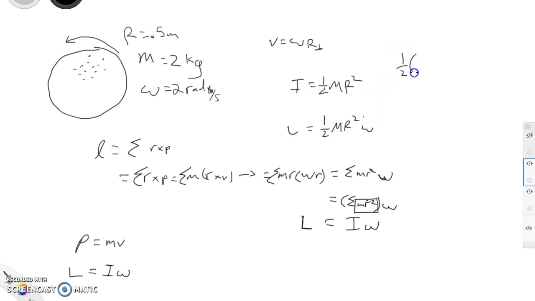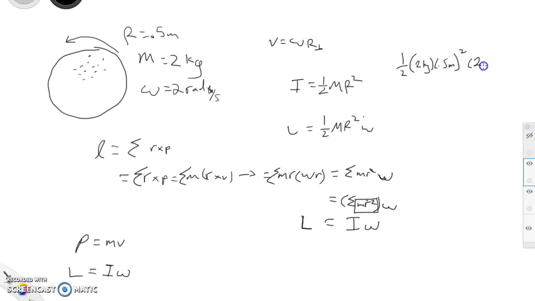So 1/2 times 2 kilograms times 0.5 meters squared, times our angular velocity of 2 radians per second.